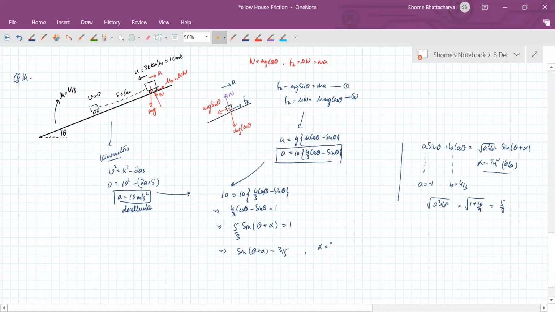It is tan inverse of minus 4 by 3. Okay. So theta plus alpha is sine inverse 3 by 5, which is 37 degrees. Okay.